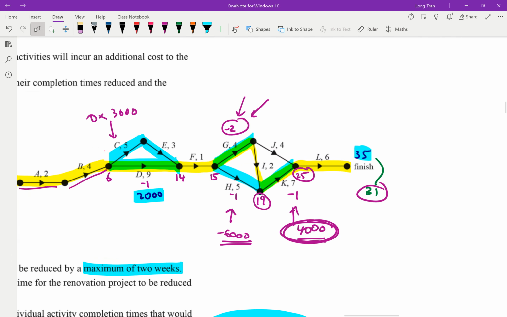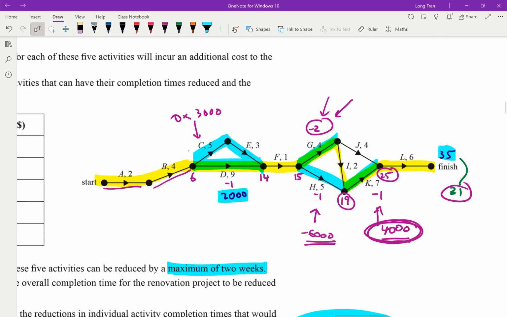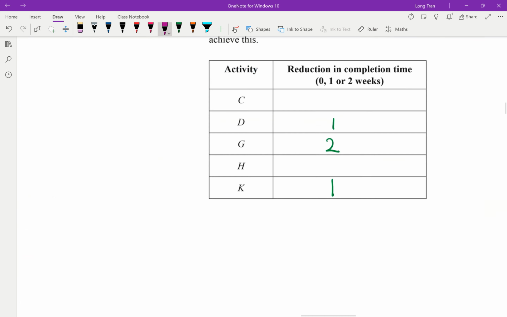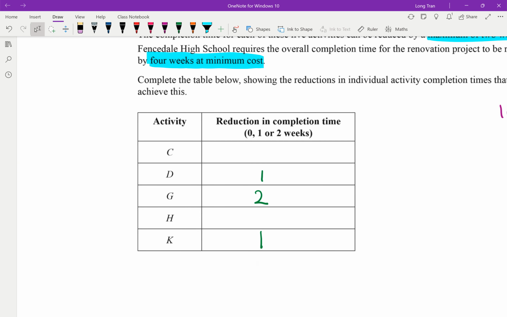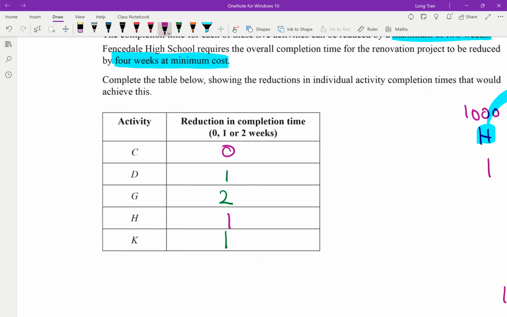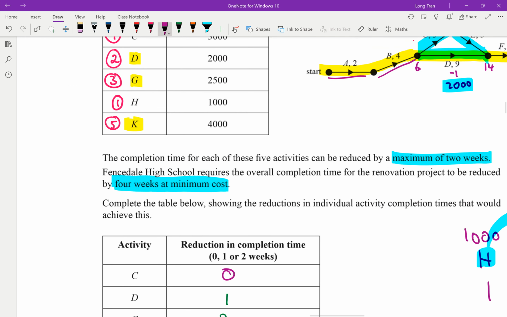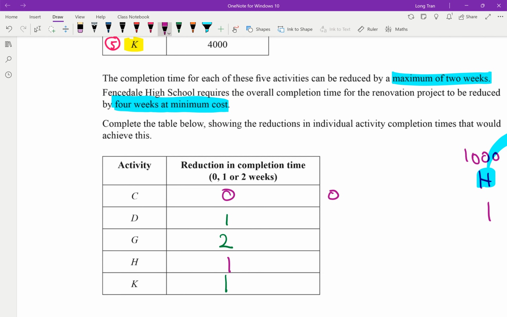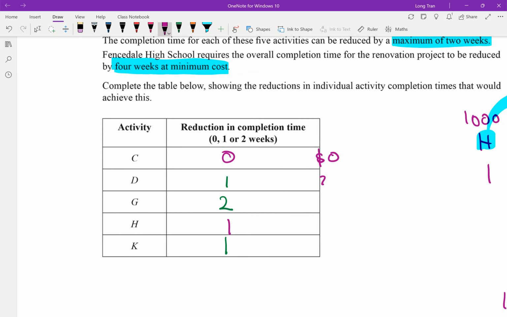So if we were to add the cost together, what would that be? It's probably easy to go back to this table. So C was 0 and H was definitely 1 when you do G. So C was 3,000, so that's $0. This was 2,000 for D, so 2,000.